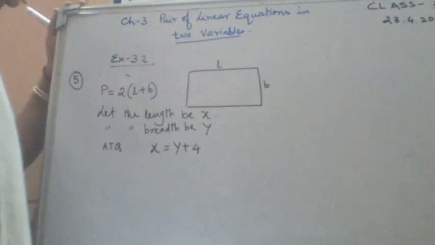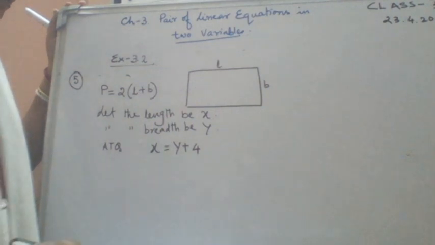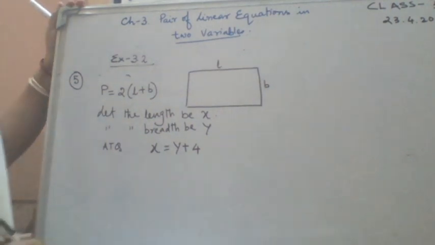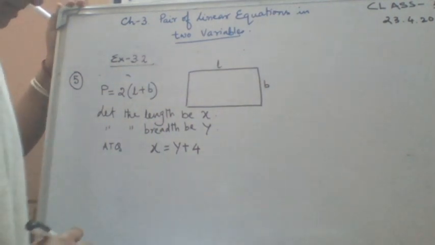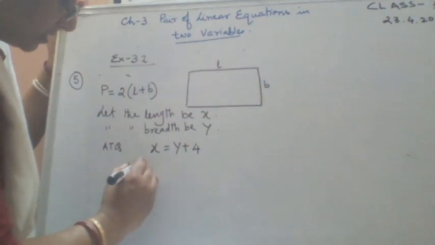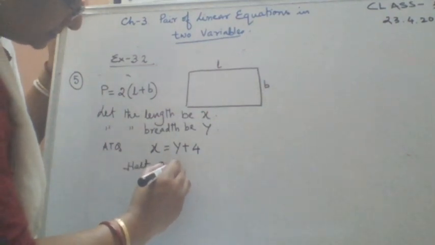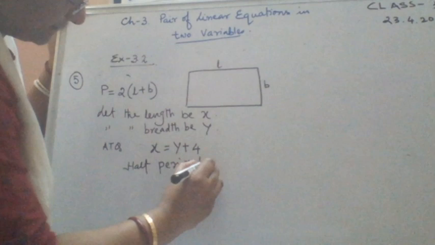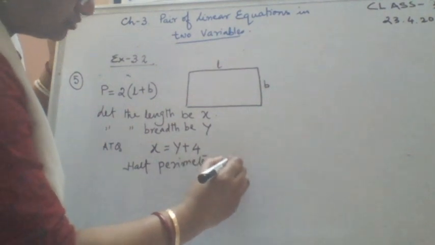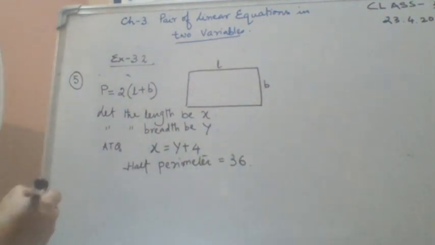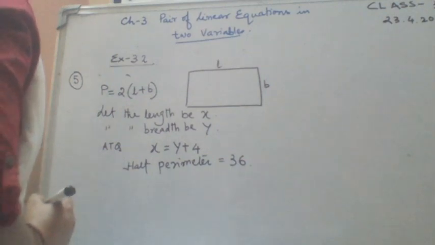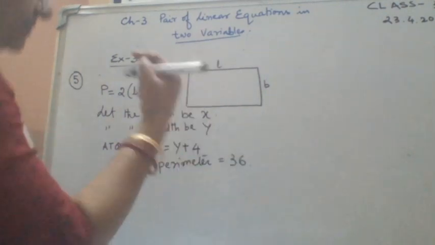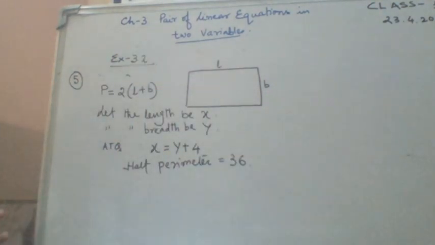Half the perimeter of the rectangular garden whose length is 4 meter more than the width is 36. So half perimeter is given to you, half perimeter equal to 36. So what is perimeter? Perimeter will be double of it, 72.